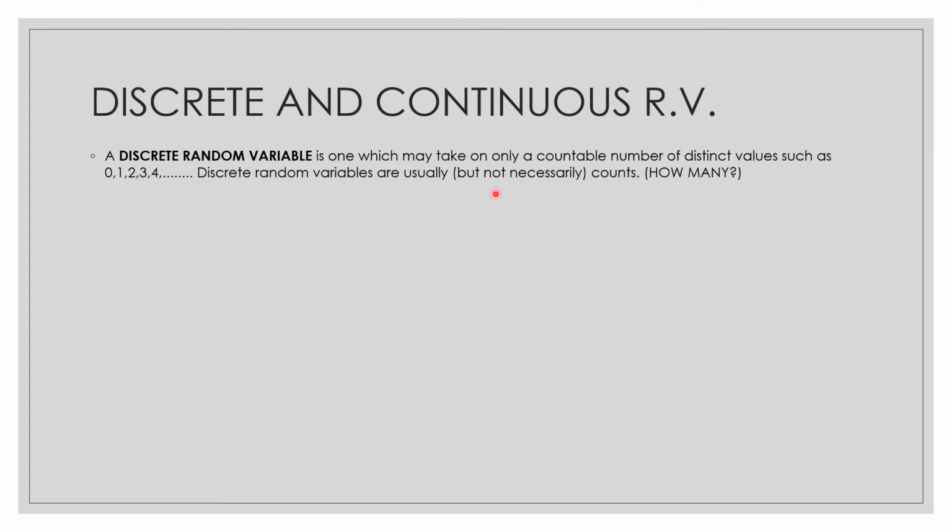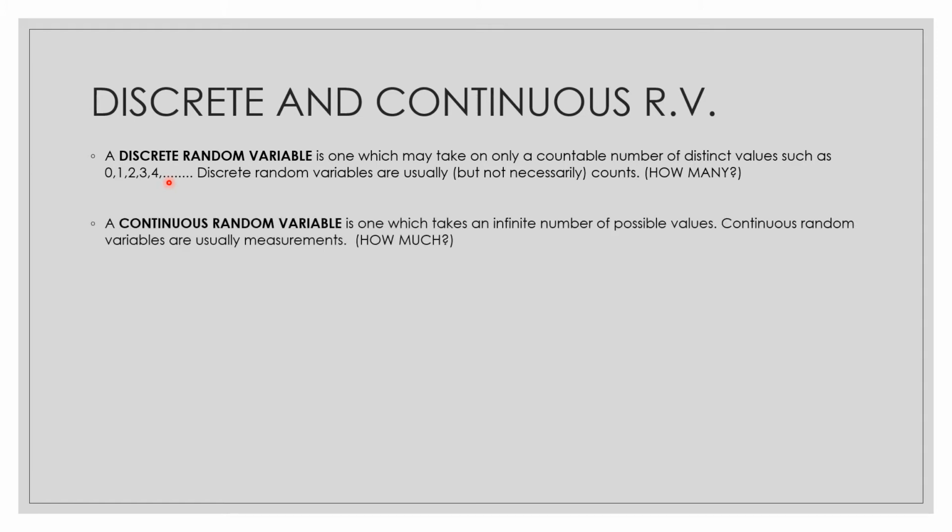When we talk about random variables, we're answering the question, how many? For discrete random variables, the possible answers are counting numbers, which are 1, 2, 3, 4, and including 0, and so on. It can be 5, 6, 7, 8, 9, 10, and so on. So we're just counting, or they are countable, I mean.